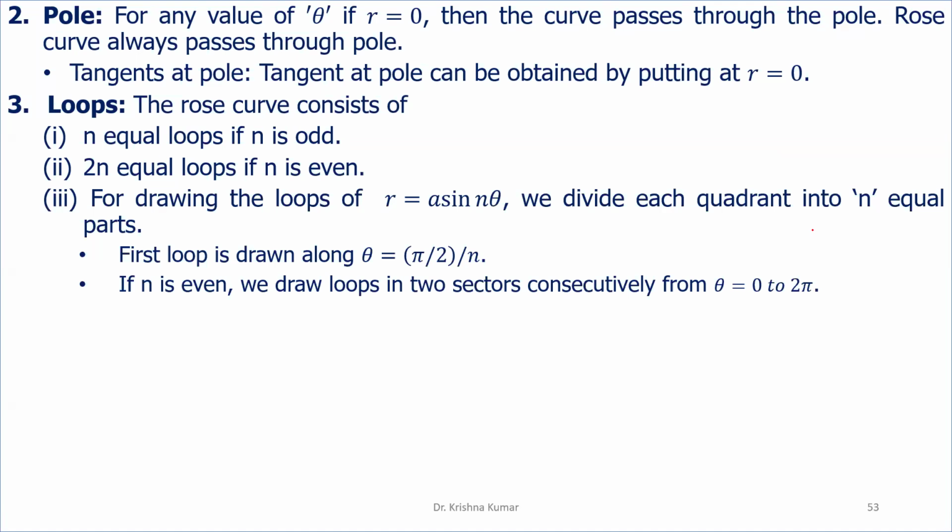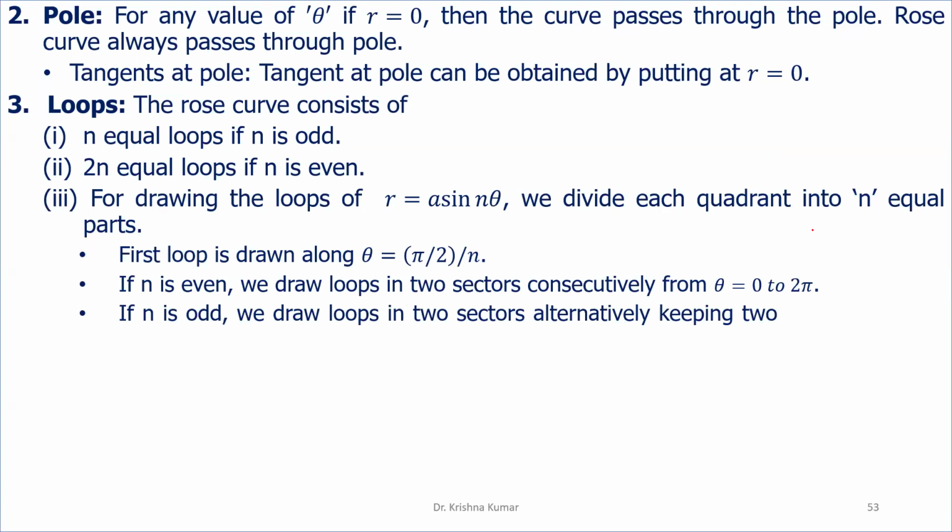We will discuss this more when we take the example. If n is odd, we draw loops in two sectors alternately, keeping two sectors between the loops vacant.